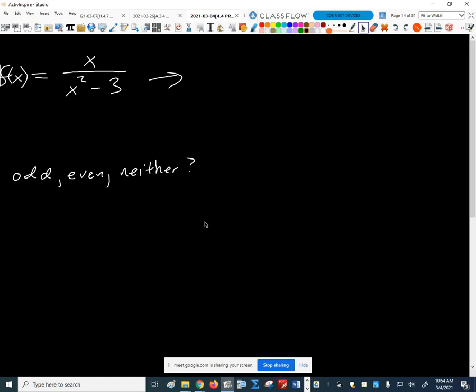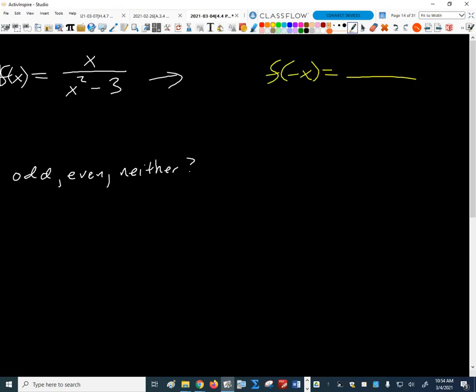How come? There are two reasons we can say that. This has odd symmetry because we can directly apply the test. f of negative x would equal, on the top, negative x. On the bottom, if I plug negative x in, when I square it, the negative goes away, so I just get x squared minus 3.